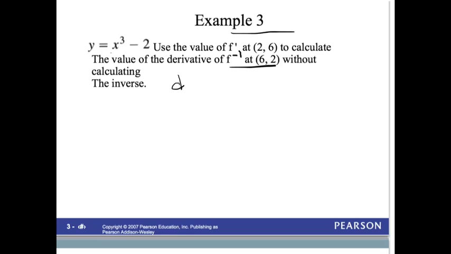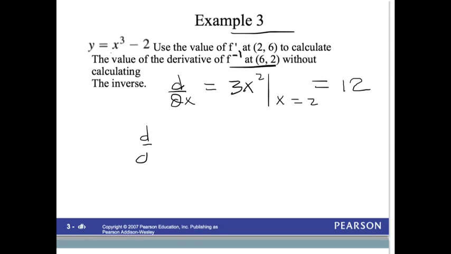So let's take dy/dx, which is equal to 3x squared, and we'll look at the point x equals 2. That's equal to 12. So without doing any more calculations except taking the reciprocal, we know that d/dx of the inverse function of x is going to be 1/12.